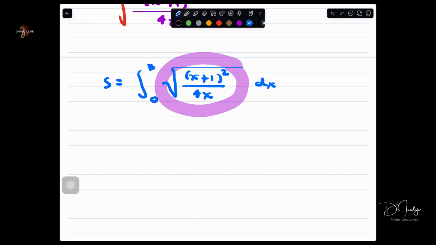So let's remember here. The square root of a quotient is the quotient of square roots.